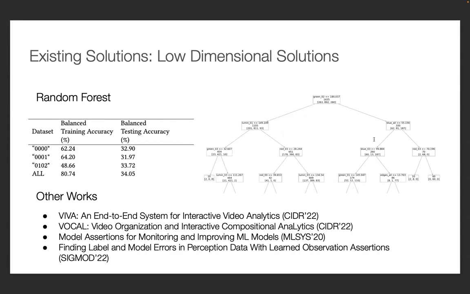Again, when we're thinking of low dimensional solutions, there is existing work extending those pixel level explanations and thinking about more tabular features such as luminosity and obstruction, and seeing how those correlate to video errors.